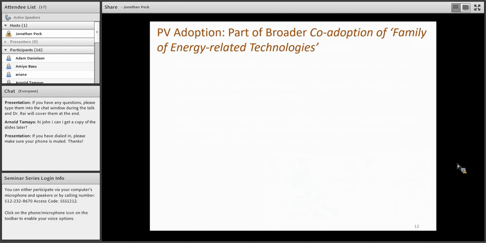Let me highlight a couple other pieces before moving on to the supply side of works. One of the other things that we have found to be quite interesting is when people go solar, it's not just that they just go solar. In fact, it turns out that they adopt a number of other technologies right before, at the time, or a little after going solar.